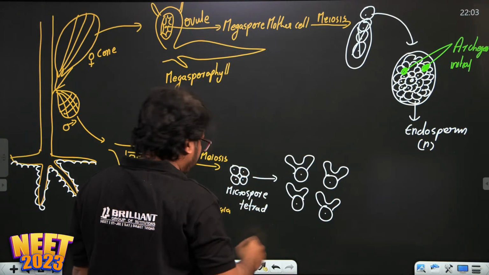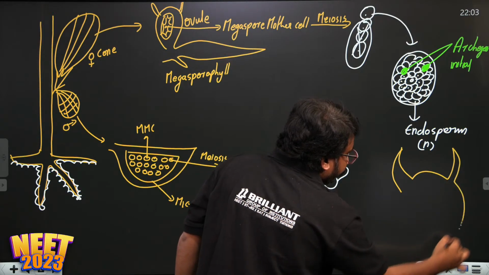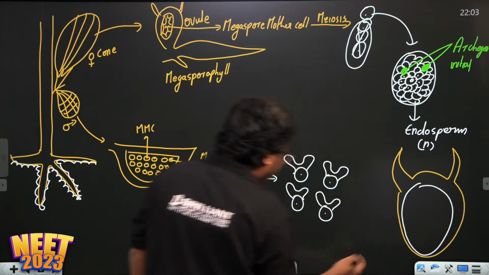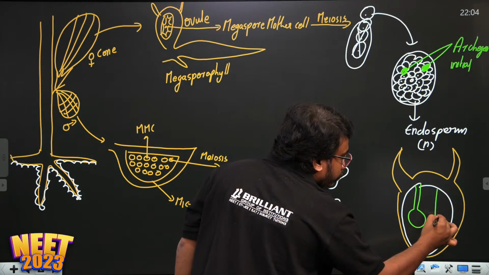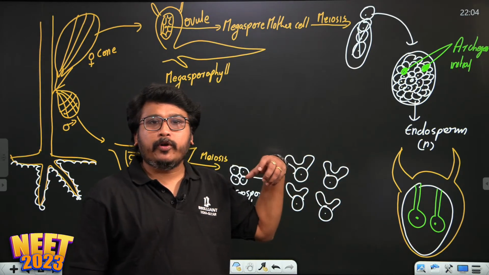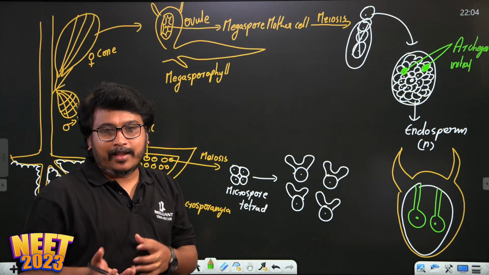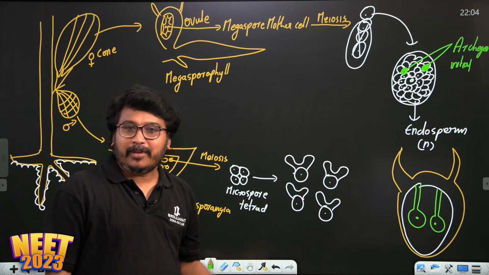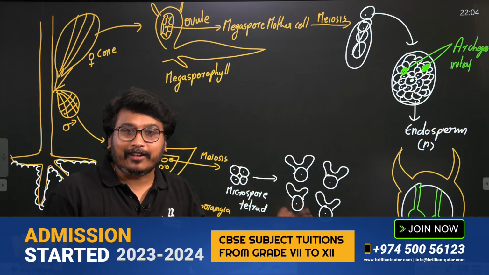Later, inside this ovule, there will be a haploid endosperm, and inside the haploid endosperm around 2 to 8 archegonia will also be produced, each with an egg. So understand, endosperm is produced before fertilization inside the ovule in gymnosperm. In angiosperm, you know the endosperm is triploid. That is a unique feature of angiosperm. But in gymnosperm, another unique feature, endosperm is haploid and it is formed before fertilization.